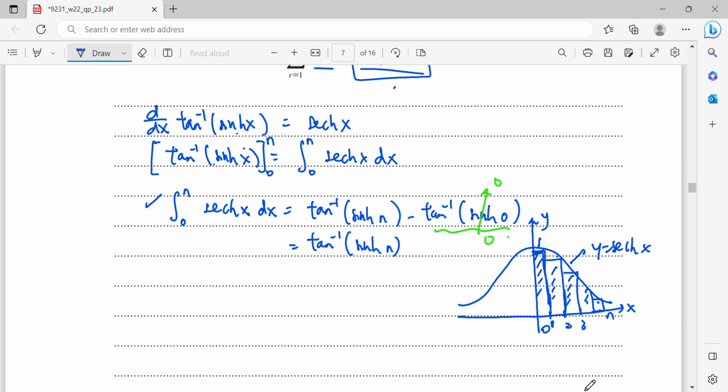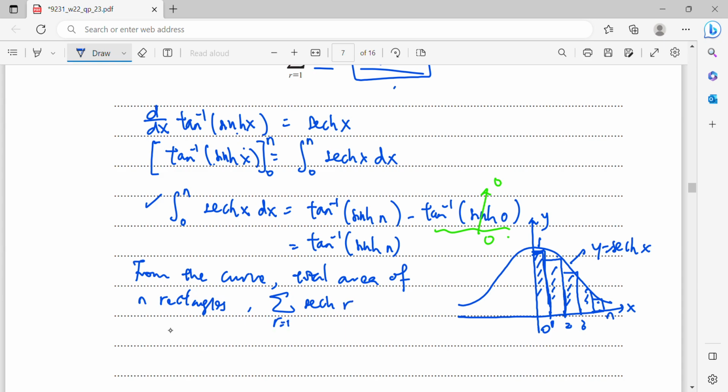So for the area of rectangles, from the graph, the total area of n rectangles, which is a summation of sech r from 1 to n, is less than the total area under the curve, which is the integration.